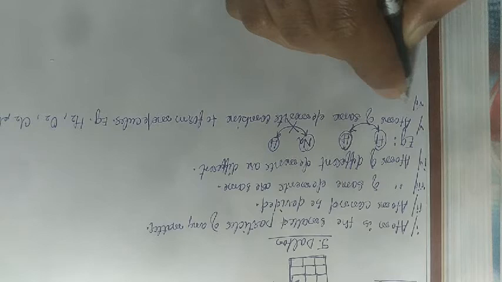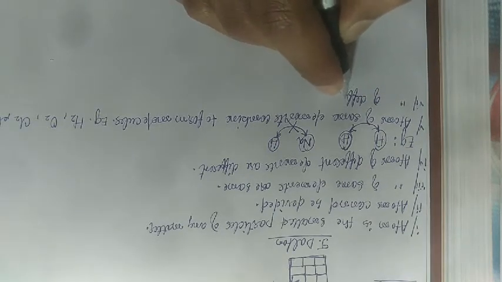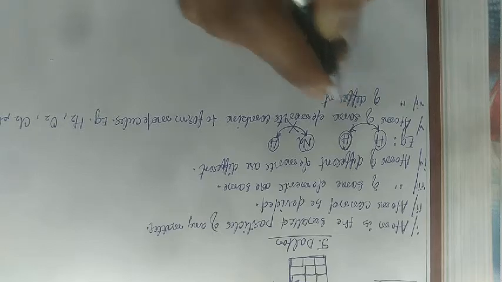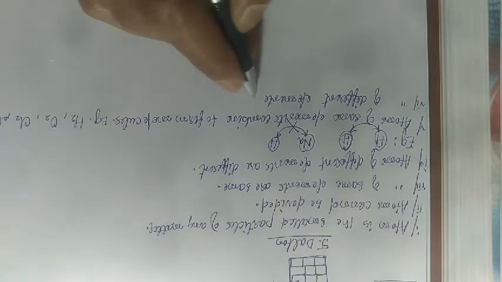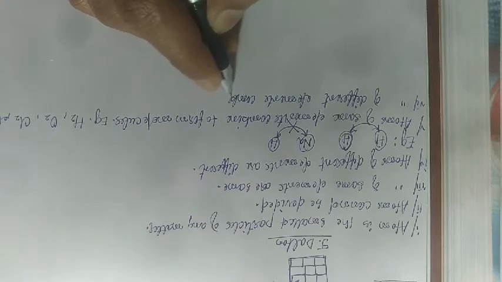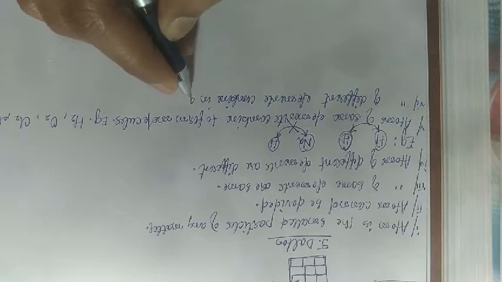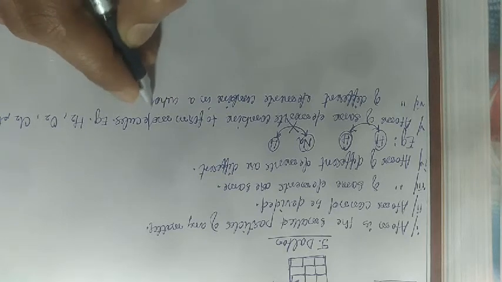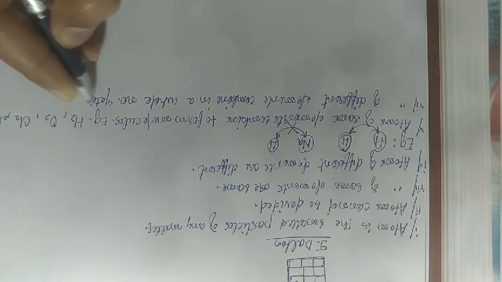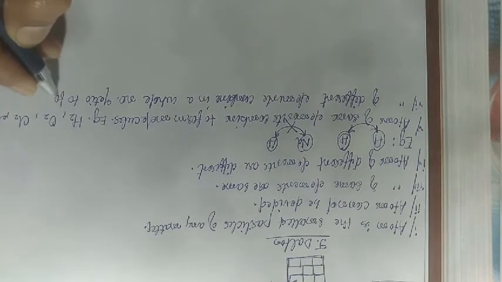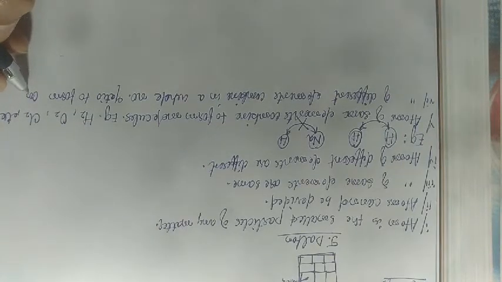Number 6. What he says, atoms of different elements combine in a whole number ratio to form compound.